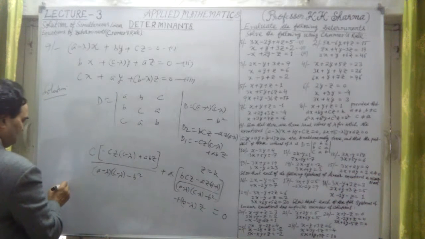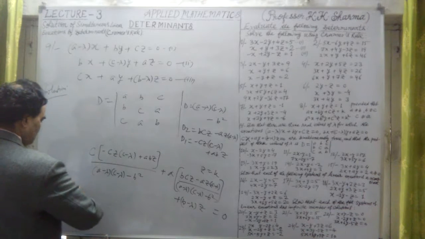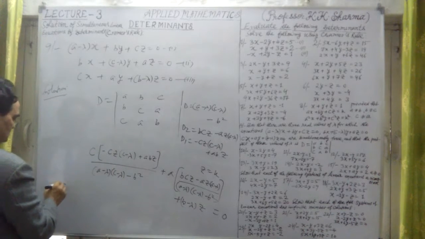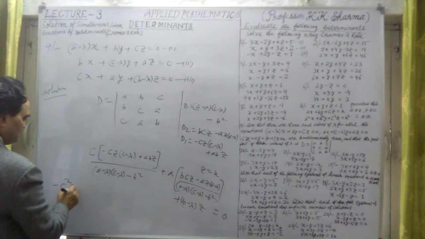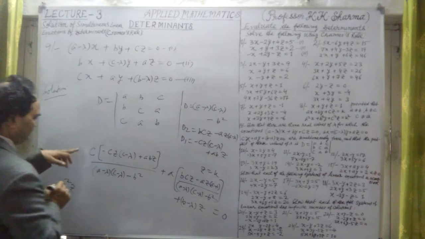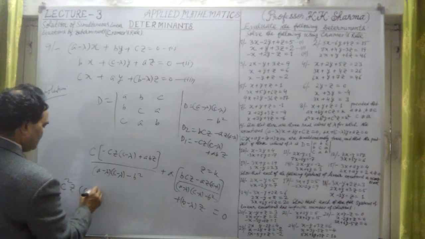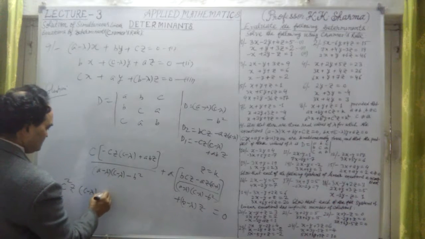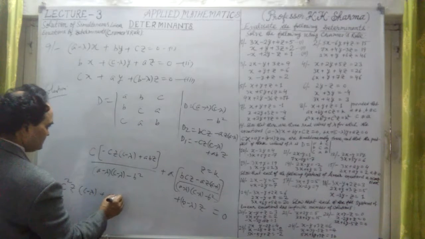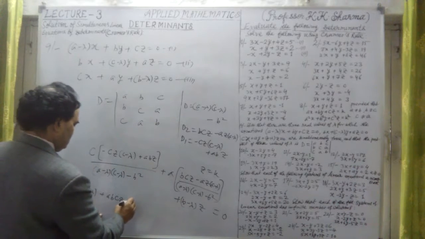Finally this is c into, let me multiply this by c. It is nothing but minus c square z. Let me multiply this c minus lambda and c into this will be plus abc into z.